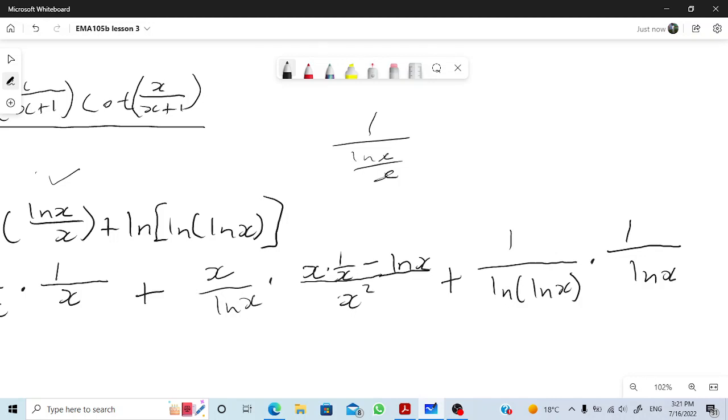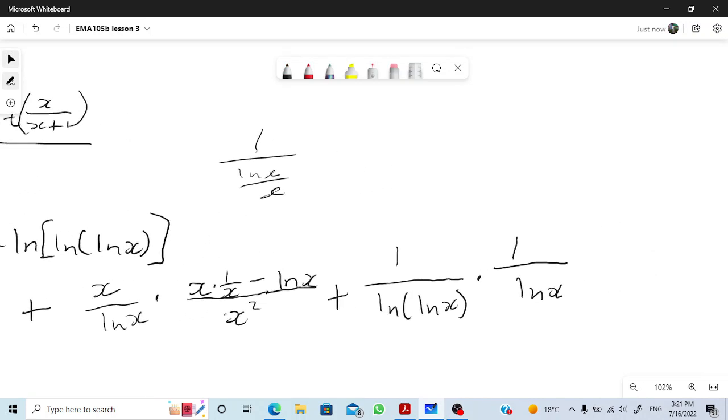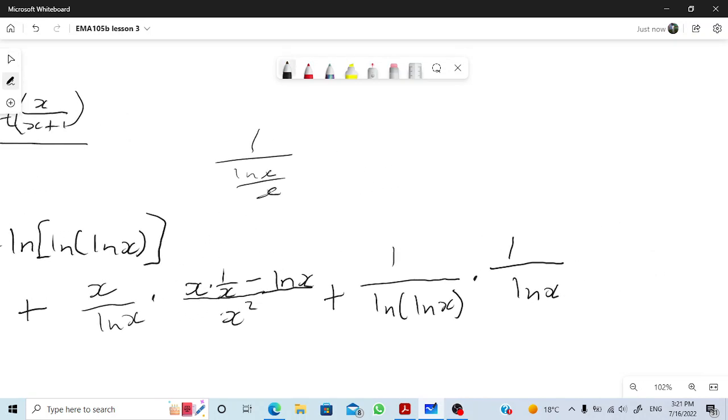Now we go to this ln, it's also an ln, so you put 1 over what is inside its bracket, which is x. If you differentiate x with respect to x, you get 1. So now we are done.